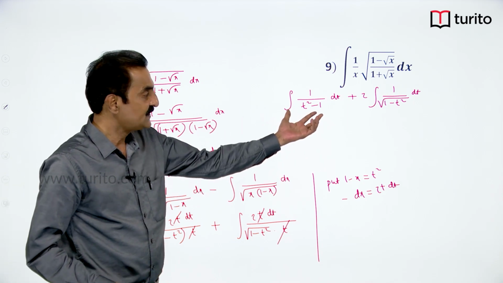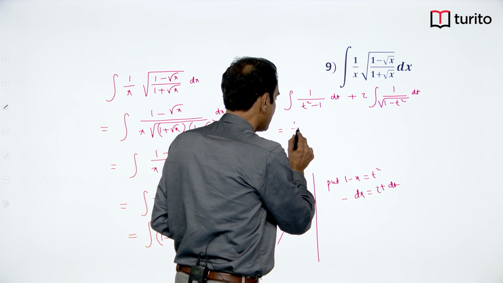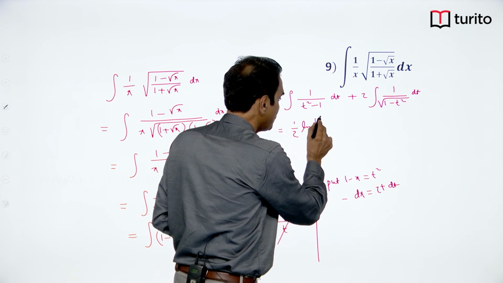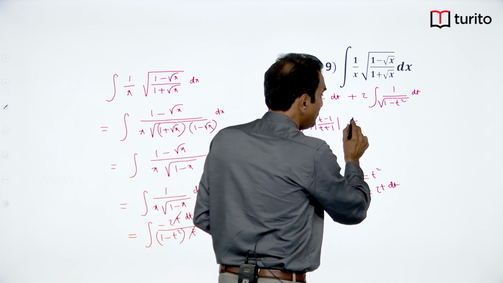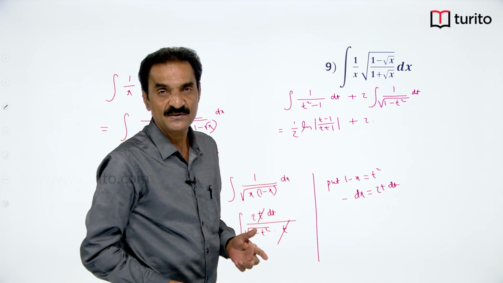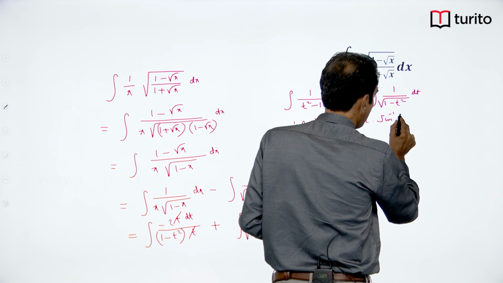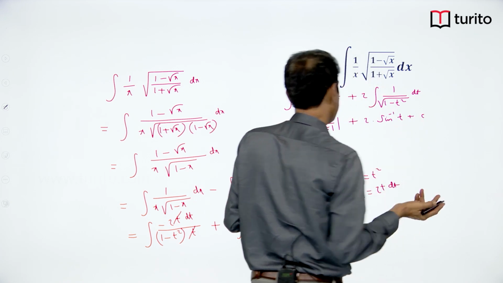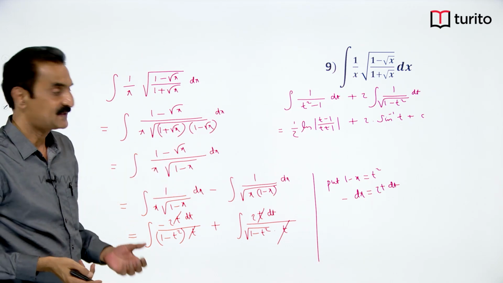Now this is 1 by 2 log mod t minus 1 by t plus 1, by the formula. Plus the second one, integral 1 by root over 1 minus t square is sin inverse t plus c. That is all, where t is equal to root over 1 minus x.